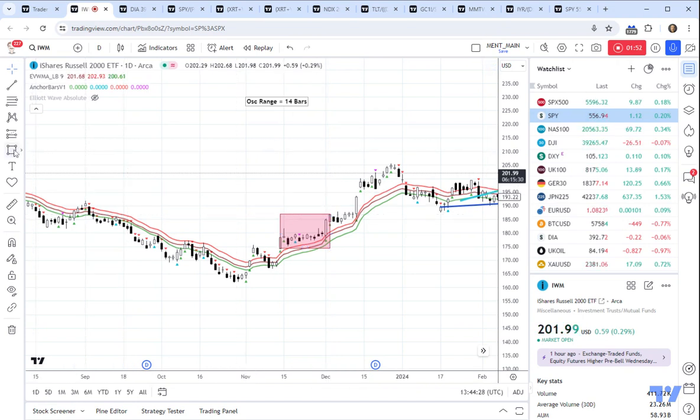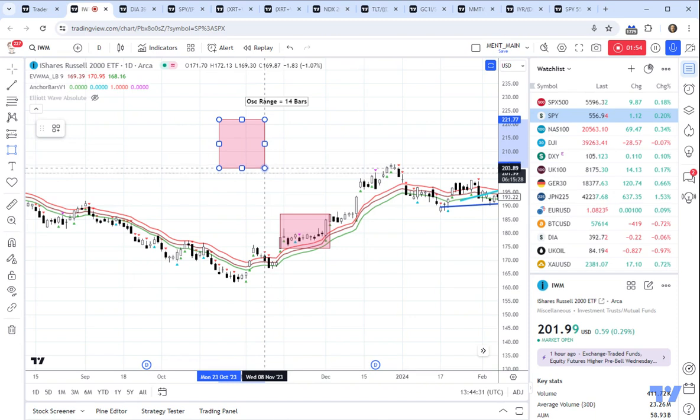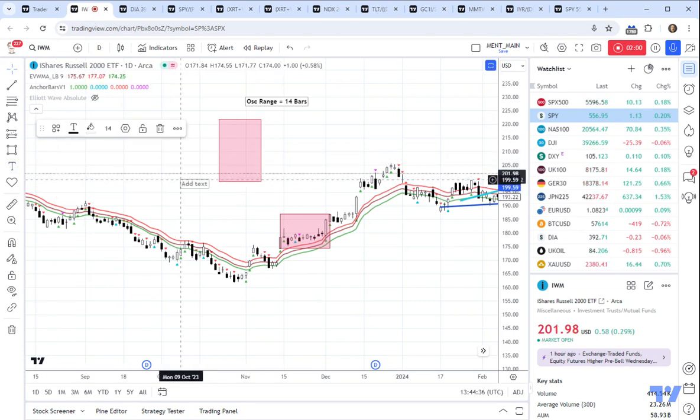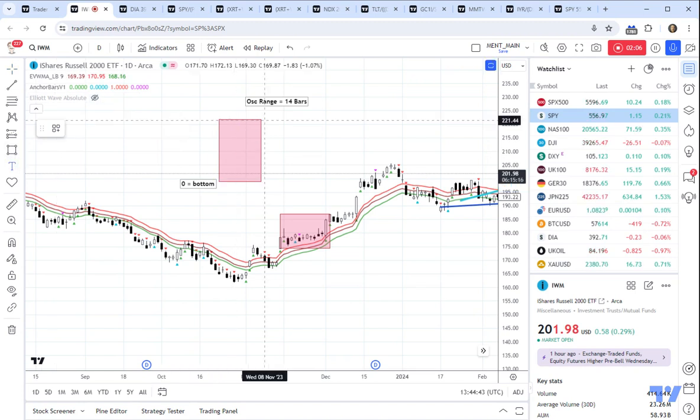So this would represent a 100% value, meaning that if this was our range from 0, meaning the bottom, and 100% equals the top, we would be looking at where is price in the range.